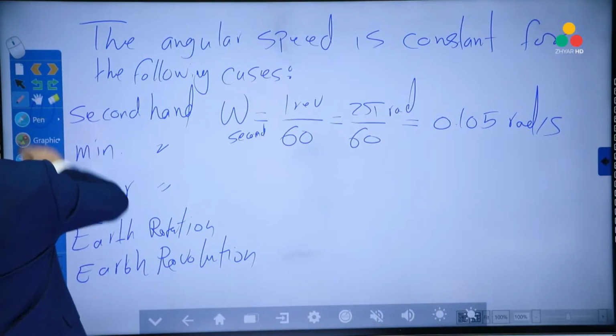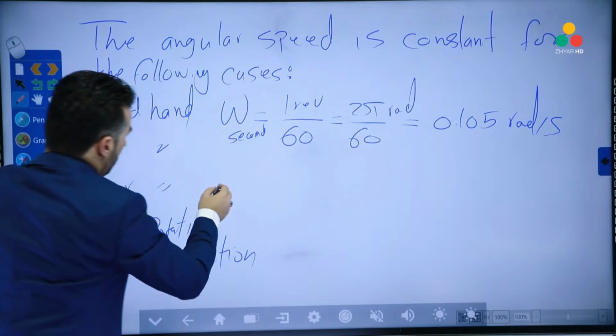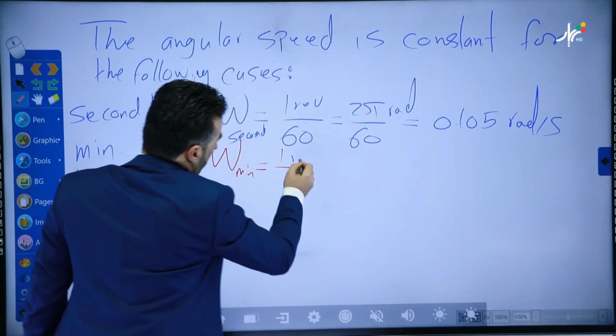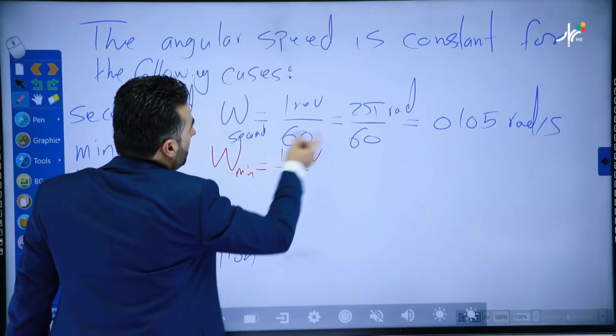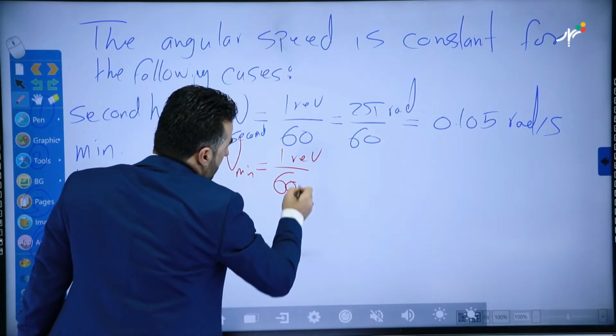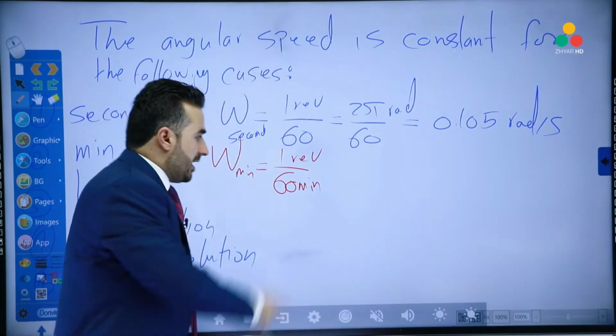What about the minute hand? You will do the same thing, just change the time it takes to rotate. For the minute hand, we say 1 revolution divided by the time it takes. The minute hand takes 60 minutes, or 1 hour, to complete one rotation.